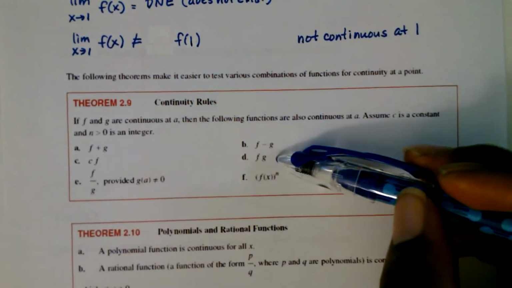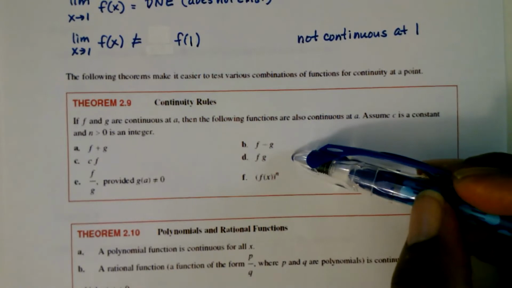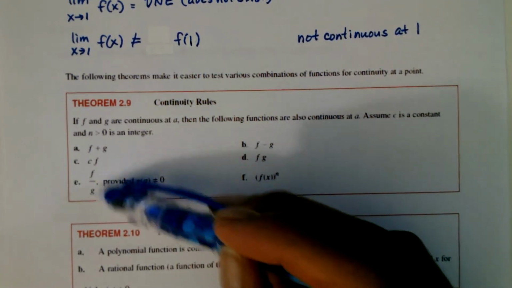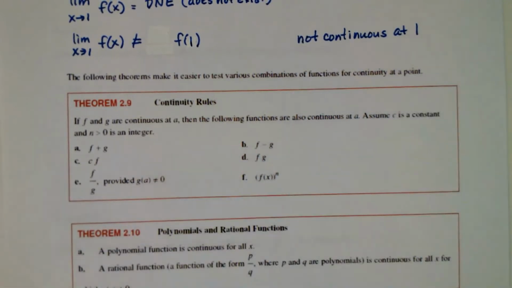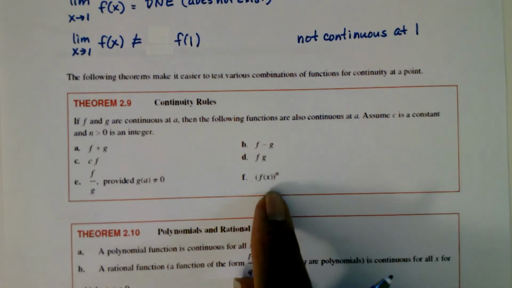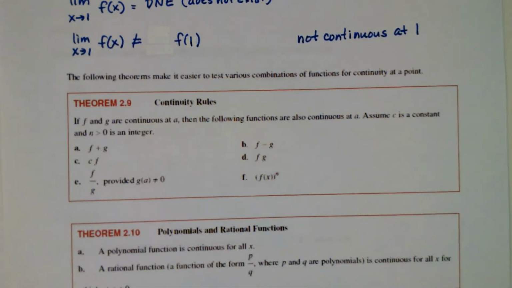And also the product of 2 functions, f and g. Also, f divided by g, that's the quotient of 2 functions with the provision that g of a does not equal 0, and f of x raised to the nth power. Those functions are continuous at a if f and g are continuous at some value of a.